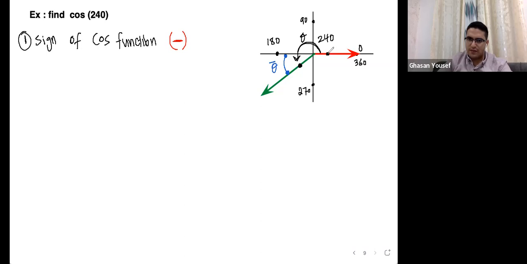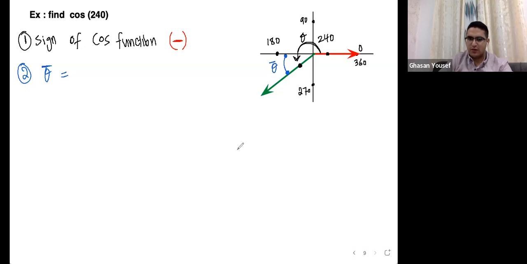And the angle from this point to this point, only the straight line, is 180. So what is the reference angle, the blue one? What's the value of the reference angle? Equal what? 45, correct.